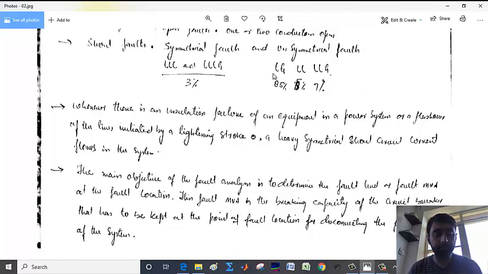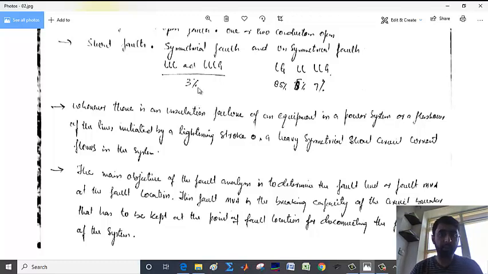Similarly, if phase A has touched the ground, we see that as a single line to ground fault, or LG fault. It may be phase A, phase B, or phase C. Similarly, we may have a fault between two lines, AB, BC, or CA, or two lines and ground, that is AB ground, BC ground, CA ground.